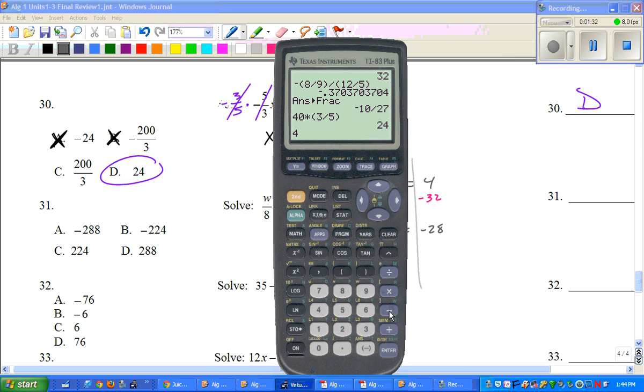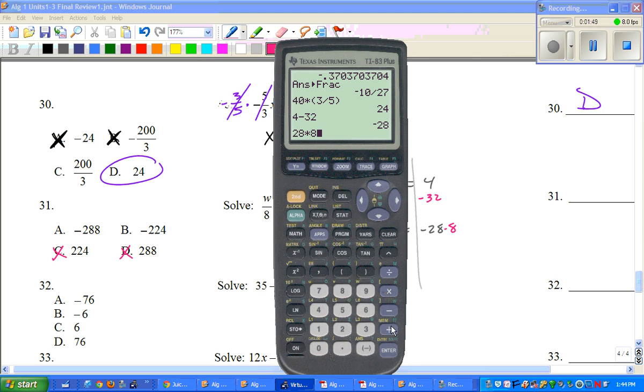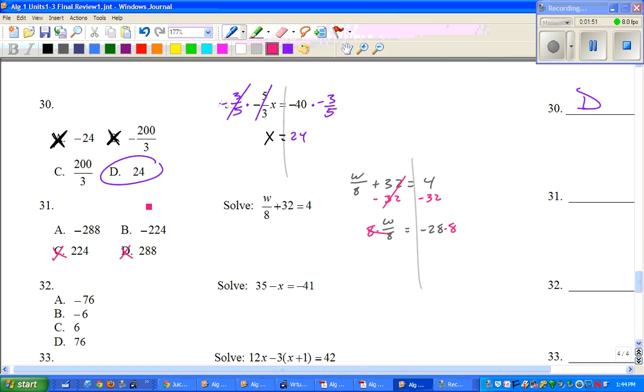If you want to double check the math real quick, you've got your calculator, you should be doing that. And now we've got division, and to get rid of division, you need to multiply. Okay, right away I know my answer is negative, so I can get rid of C and D. And then 28 times 8 gives us 224. So B.